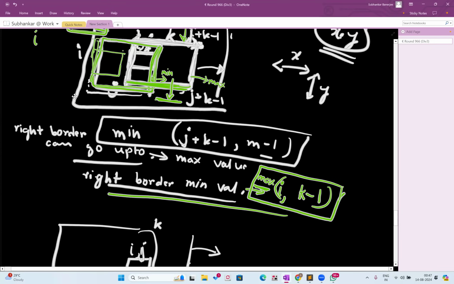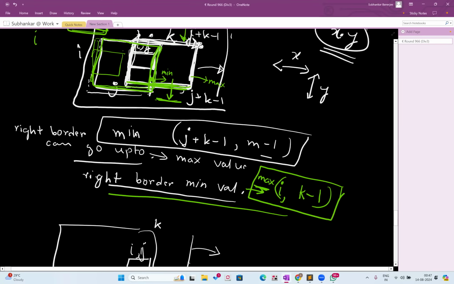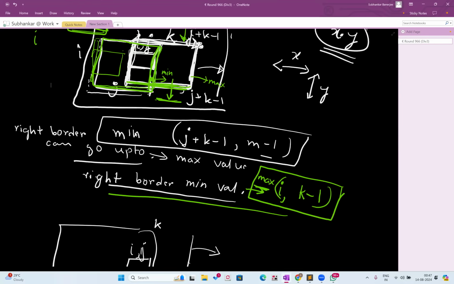This is the maximum the right border can go. I'll take that as the right border displacement, the displacement in the x direction that I can do. Are you getting my point?